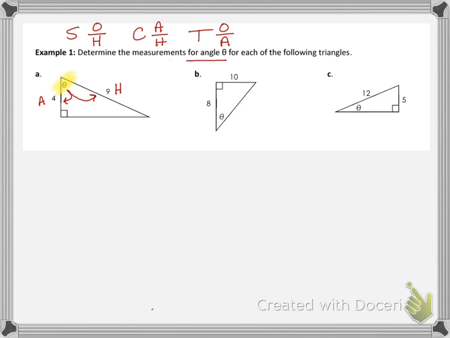So to set up your cosine equation, you write cosine of theta, which is the angle where we're standing. You always give the reference of your angle, equals A over H. Well, the cosine of my angle in this case is going to be 9 over 4. Oh my goodness, nope, 4 over 9.